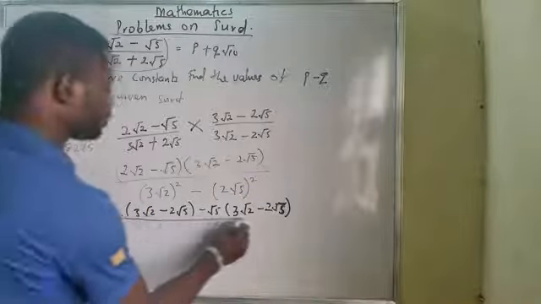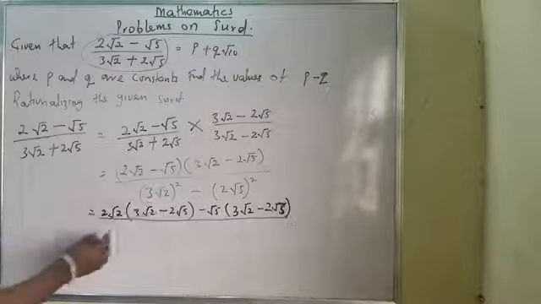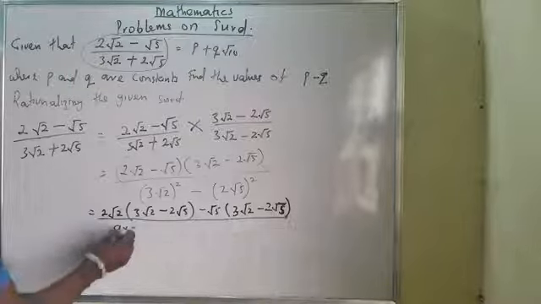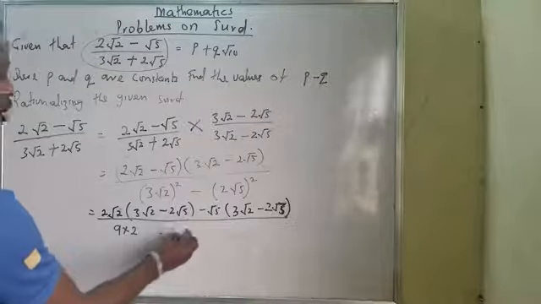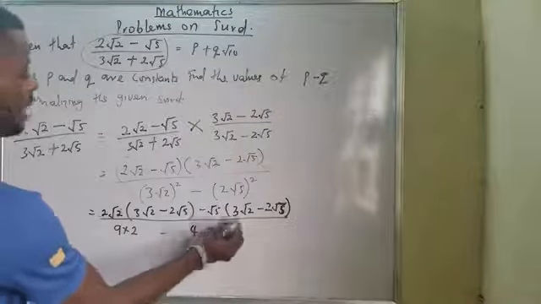Divided by, this squared will be 9 multiplied by 2 minus, this squared will be 4 multiplied by 5.